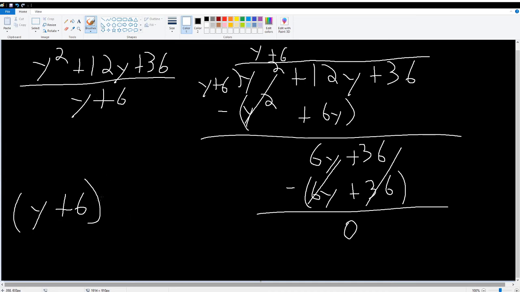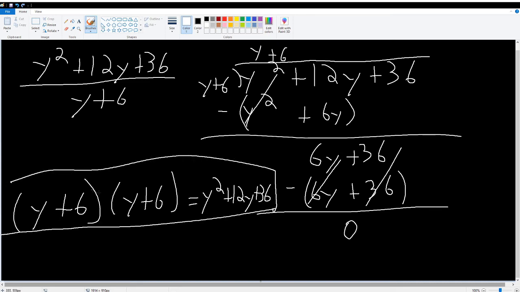Well, it means that my dividend, y squared plus 12y plus 36, is equal to my divisor multiplied by my quotient. So y plus 6 times y plus 6 should equal y squared plus 12y plus 36.